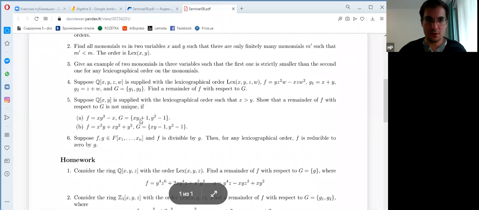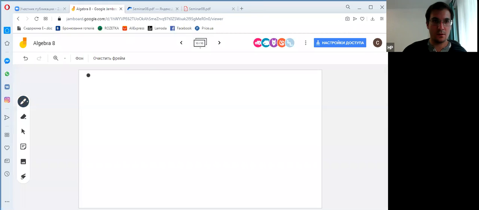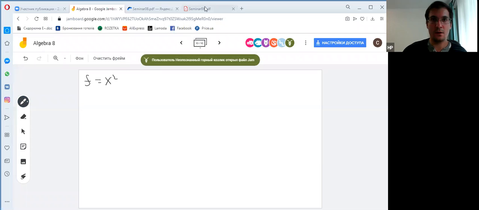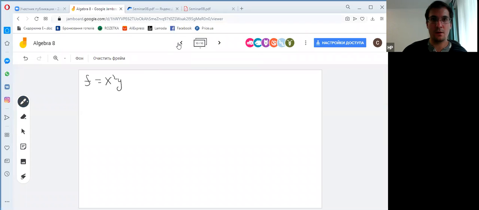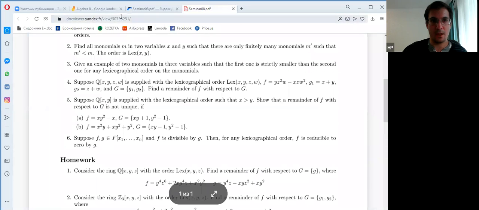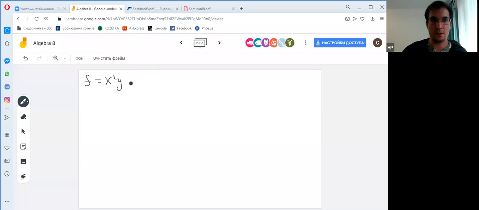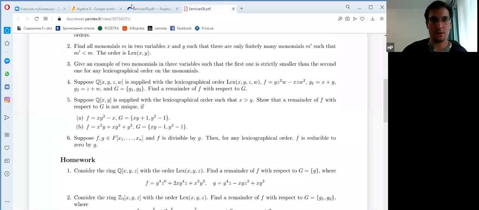Let me just write down all the polynomials. F is x squared multiplied by y plus x multiplied by y squared plus y squared.